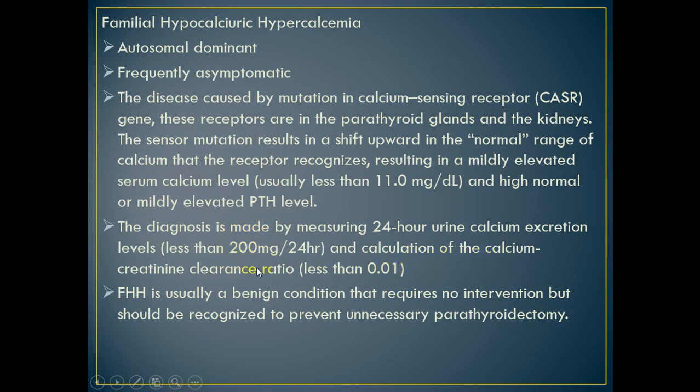Or by calculation of the calcium creatinine clearance ratio. If it is less than 0.01, it is familial hypocalciuric hypercalcemia. If it is more than 0.01, it is primary hyperparathyroidism. Although it is a benign condition, the diagnosis is very important in that these patients require no intervention and should be distinguished from primary hyperparathyroidism to prevent unnecessary surgery.